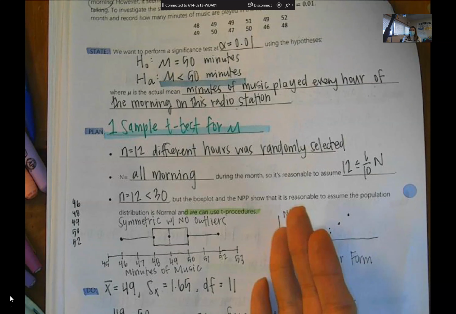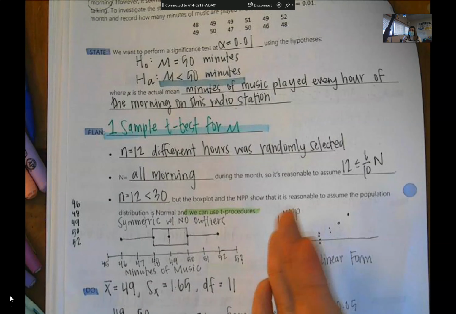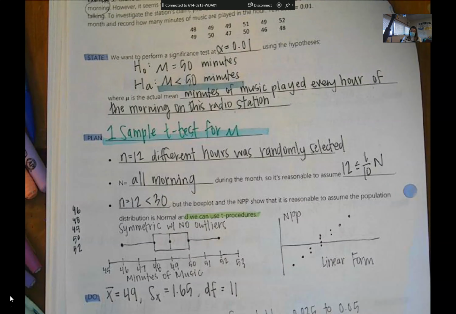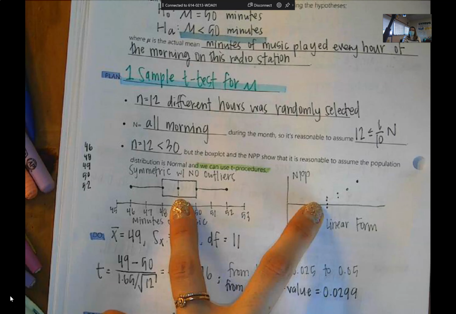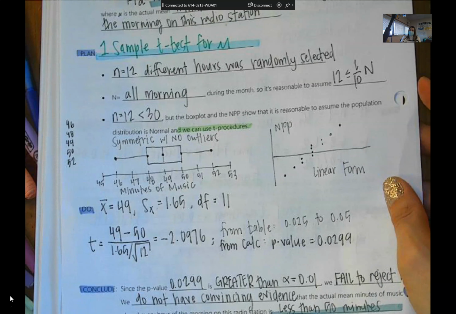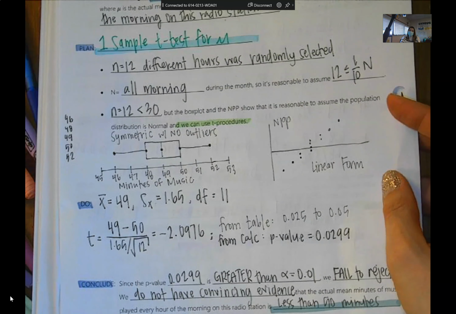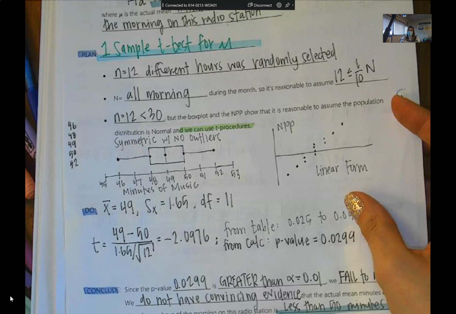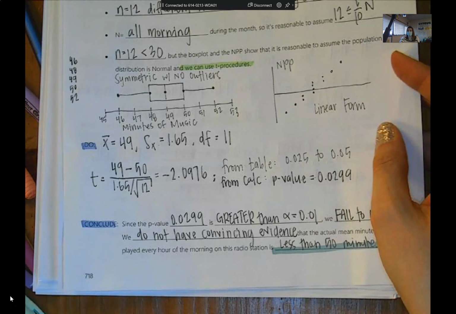You need to know sampling distributions to do this. You need to know testing to do this, and you need to know how to graph to do this problem. So they love to ask you these problems in the free response because there are so many different things that you need to know in order to solve it.